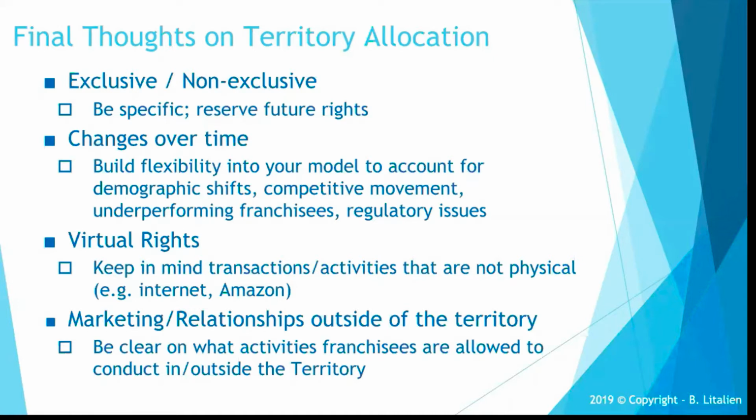The phrase that keeps being used is to make your business Amazon proof. It's not likely that Amazon's going to get into dentistry, but there are dozens and dozens of sectors in franchising that are feeling the impact of Amazon's massive distribution system. So how is that going to impact your territory allocation?